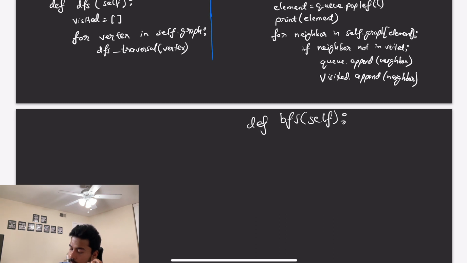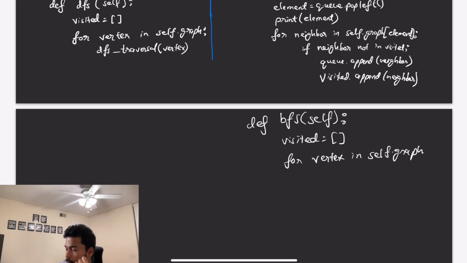Sorry, you would do visited is nothing, for vertex in self.graph. Here you would do BFS traversal, and you know what?